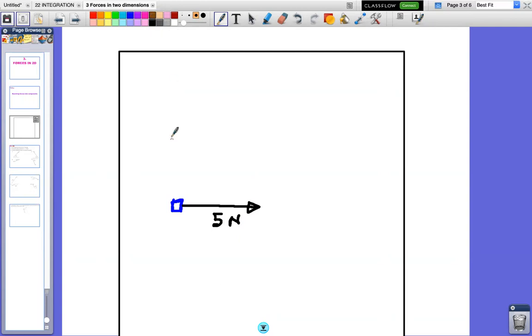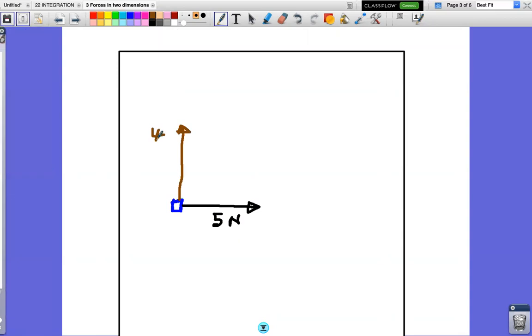Let's say at the same time, another person is pulling the book upward with a force of, say, 4 newtons. We are seeing the surface of the table, so I don't want to call this up.